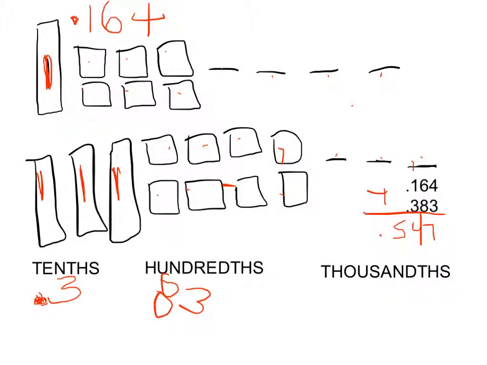How do we get that, you might say? Well, we have 1, 2, 3, 4, 5, 6, 7 thousandths in total. But here we have 1, 2, 3, 4, 5, 6, 7, 8, 9, 10, 11, 12, 13, 14 hundredths in total. That comes in with the 1 that's carried and the 4 in the hundredths place.